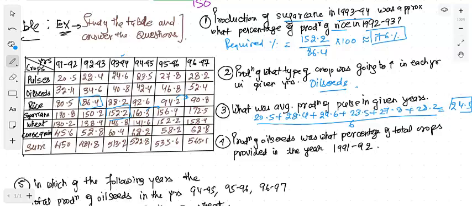This is the answer because they asked you to find the average production of pulses in the given years. So this is the value of pulses for all the given years.